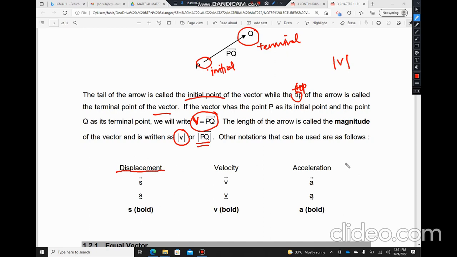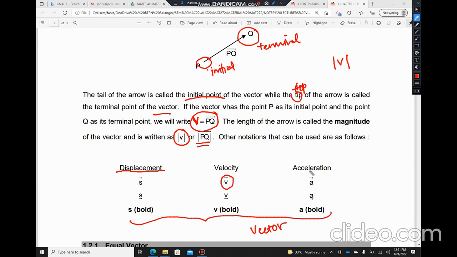So semua ni mewakili vector. Okay, ataupun velocity, velocity ataupun kelajuan, kita boleh letak V and then arrow dekat atas. So kalau kita tulis macam ni, kita tahu dia adalah vector, not a skala. Ataupun V and then arrow di bawah, ataupun V bold.